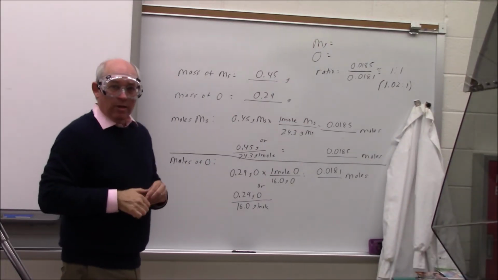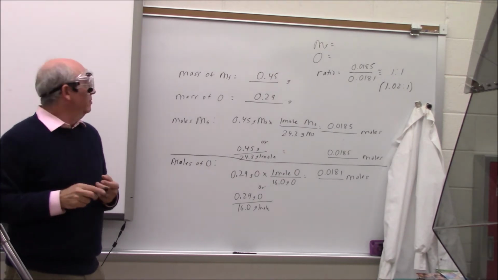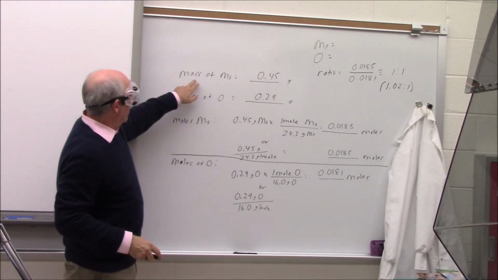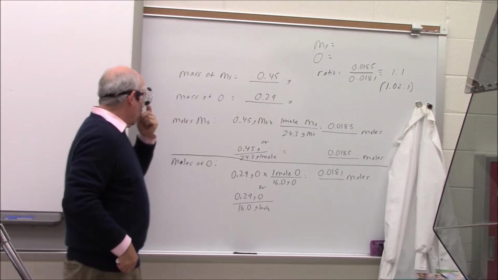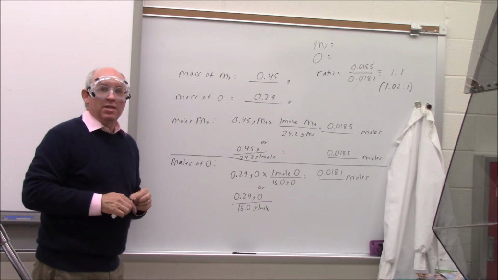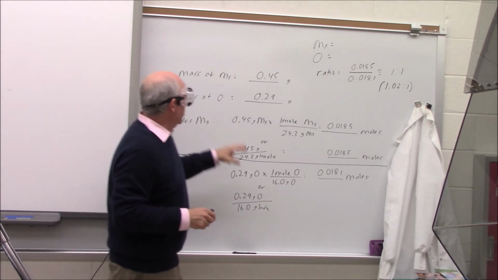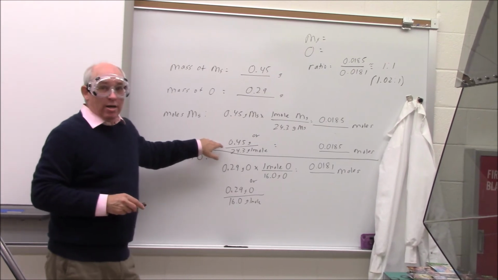Now we're going to take our data and figure out the empirical formula. We've got 0.45 grams of magnesium and 0.29 grams of oxygen. We're going to convert those into moles. Depending on how you've seen things in class, you may have used dimensional analysis, or you may have used a mole diagram.